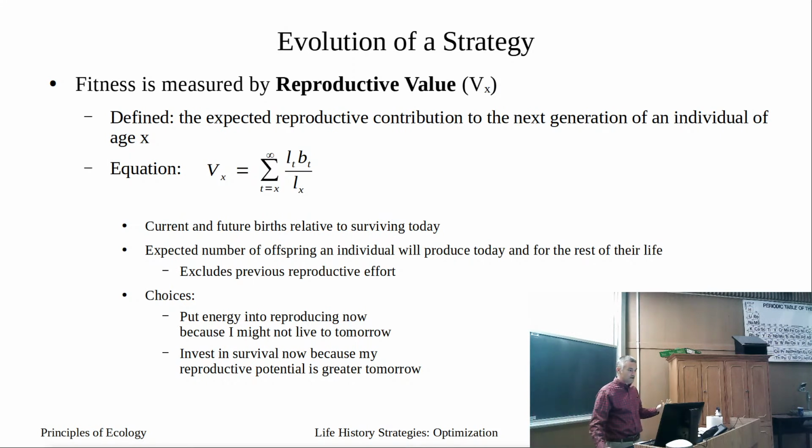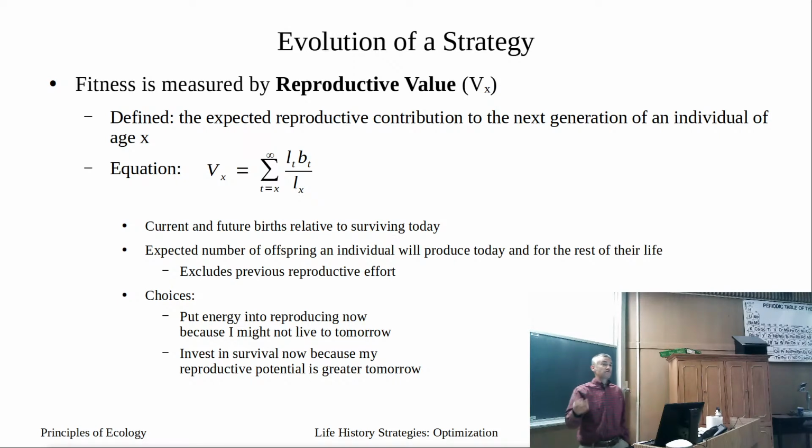All right, so the equation we talked about, realized reproduction, that's current and future births relative to just accounting for survival today. Now, mathematically, when we calculate this, this gives us the expected number of offspring an individual will produce today and for the rest of their life. And that accounts for our survival.